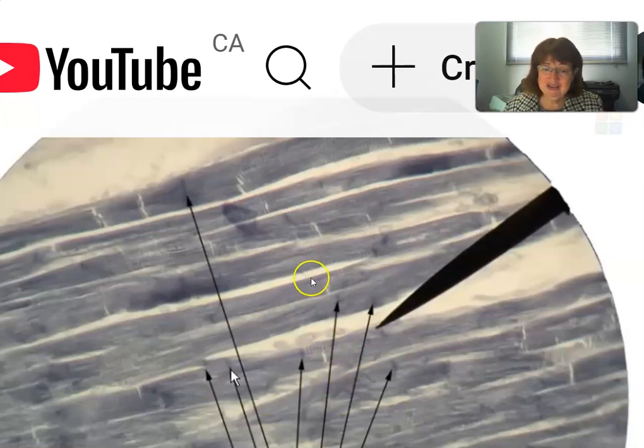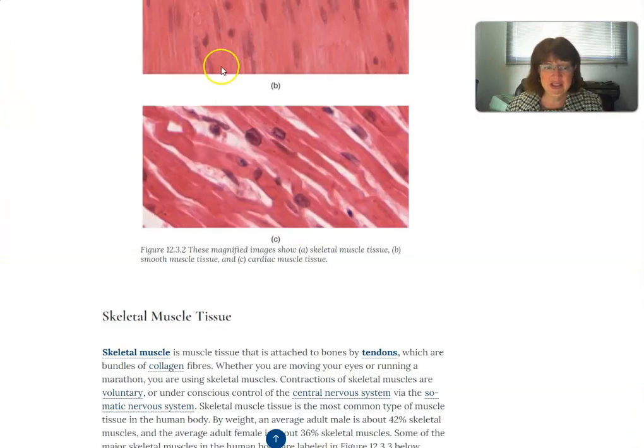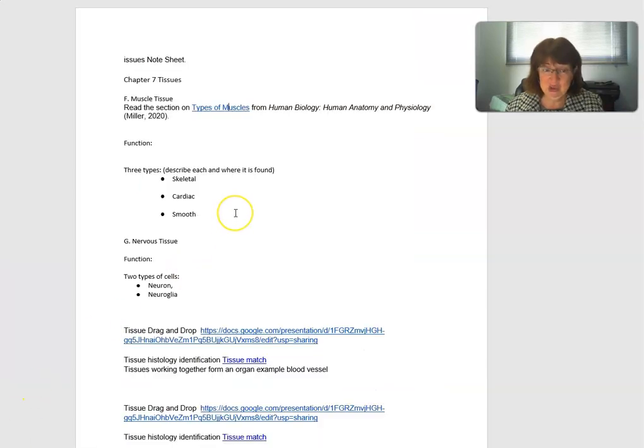And there are these very unique parts that join one cardiac cell to the other cardiac cell, and they're called intercalated discs. And this is where one heart cell can communicate with another heart cell. So they are quite unique. Now, the thing about cardiac muscle is it's branched, it is striated, and it also has these intercalated discs.